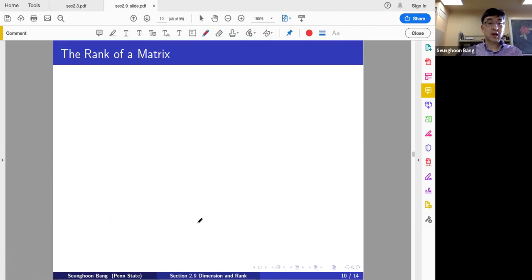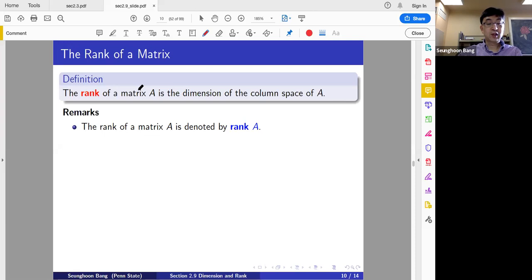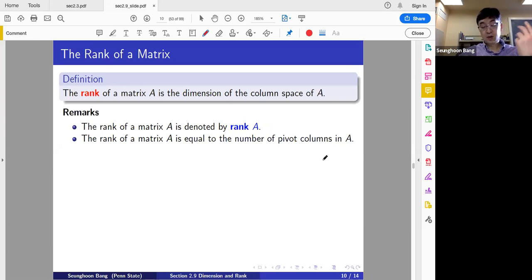The next one: what is the rank of a matrix? The rank of a matrix is the dimension of the column space of A. We use this notation: the rank of a matrix A is denoted by rank A. Rank of A is the same as what? The dimension of the column space of A. This is exactly the definition of rank A. The next: the rank of a matrix is equal to the number of pivot columns of A. This is right, like the previous material.